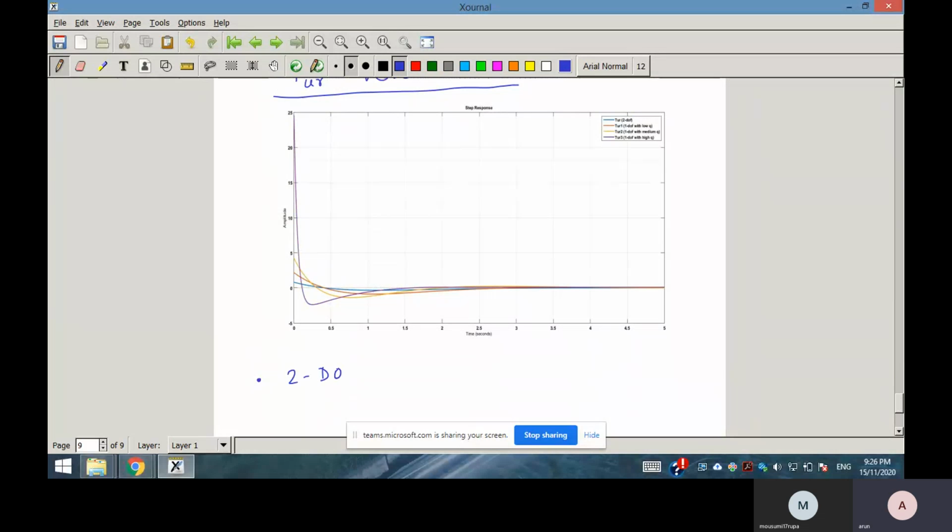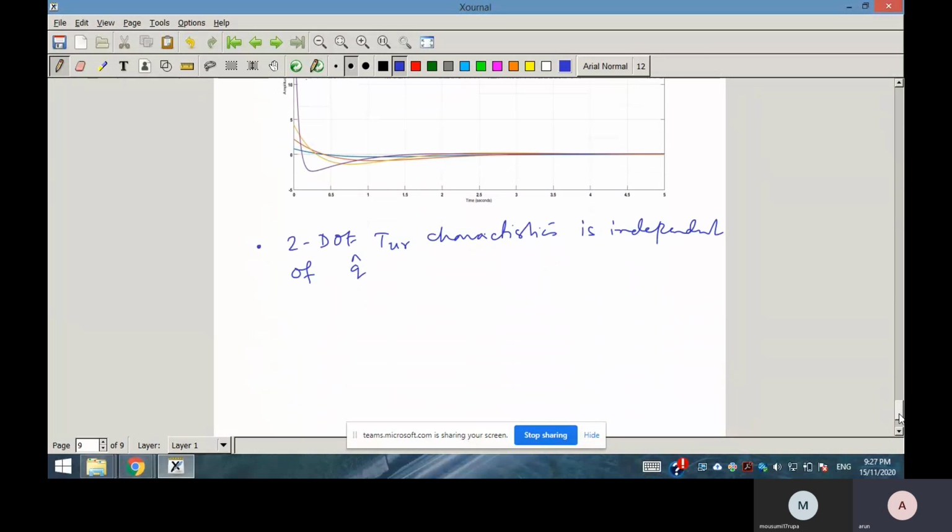The 2 degree of freedom T U R characteristics is independent of Q hat, as we have also derived. Second thing is that the 1 degree of freedom T U R characteristics is of high magnitude.